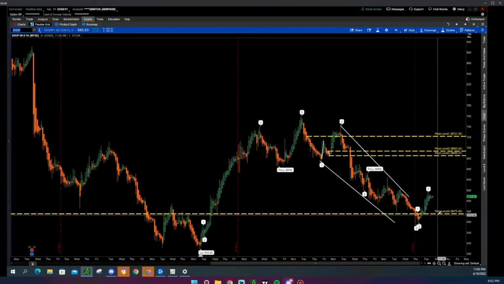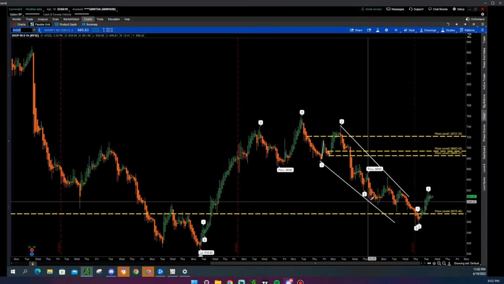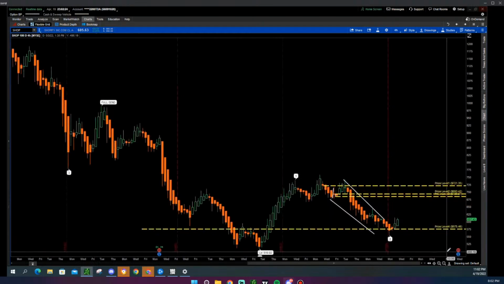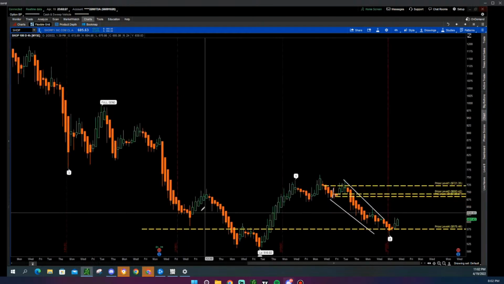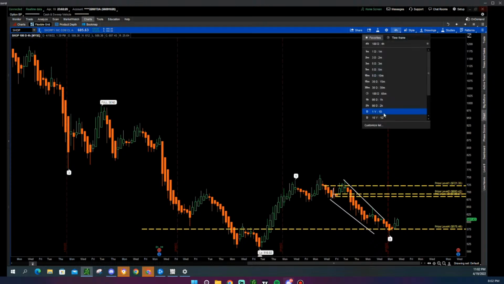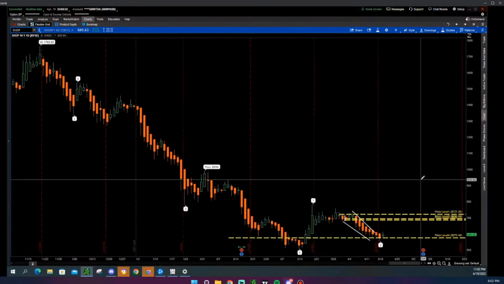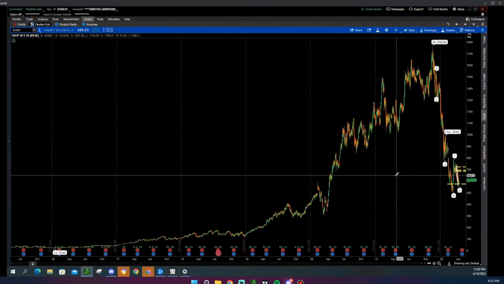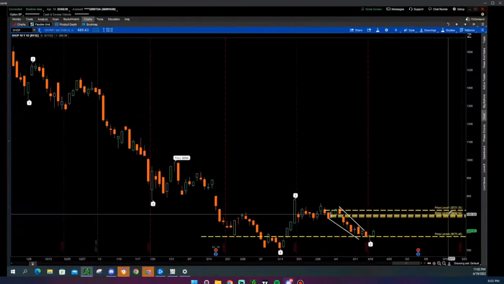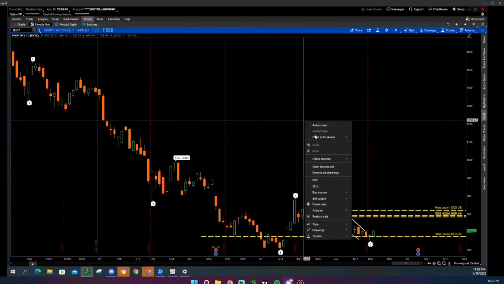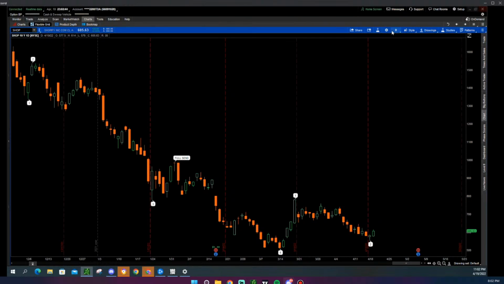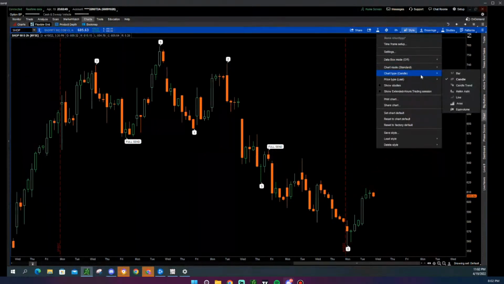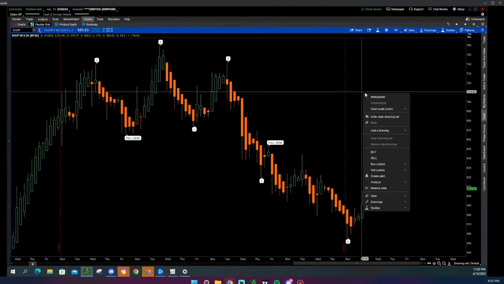Look where it bounced. I had that level. I was expecting it there. See what else. What time frame you said? Full send? Sorry, 2 hour, I think. Yeah, I don't see it.